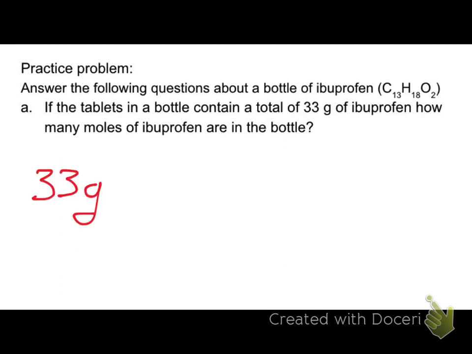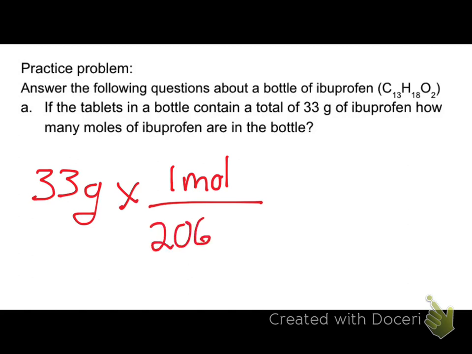We have our given mass times 1 mole of ibuprofen, which we know weighs 206.274 grams. And when we do this, we cancel out the grams, and 33 times 1 divided by 206.274 comes out to what?